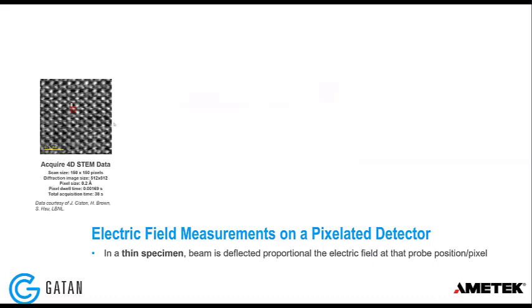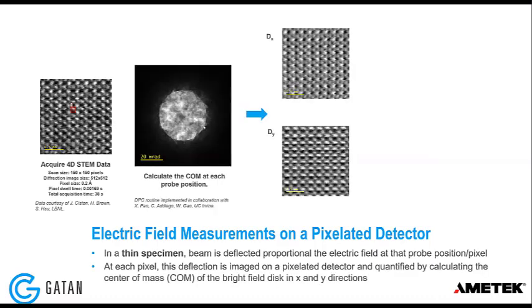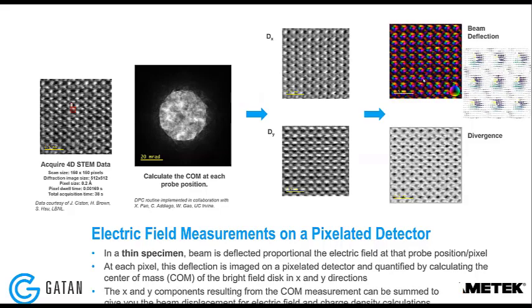So you collect your 4D STEM data set in a condition where you have a large convergence angle. You measure the center of mass shift, and from this you can calculate the beam deflection and the divergence, and from these you can calculate the charge density and also the electric field in the sample.